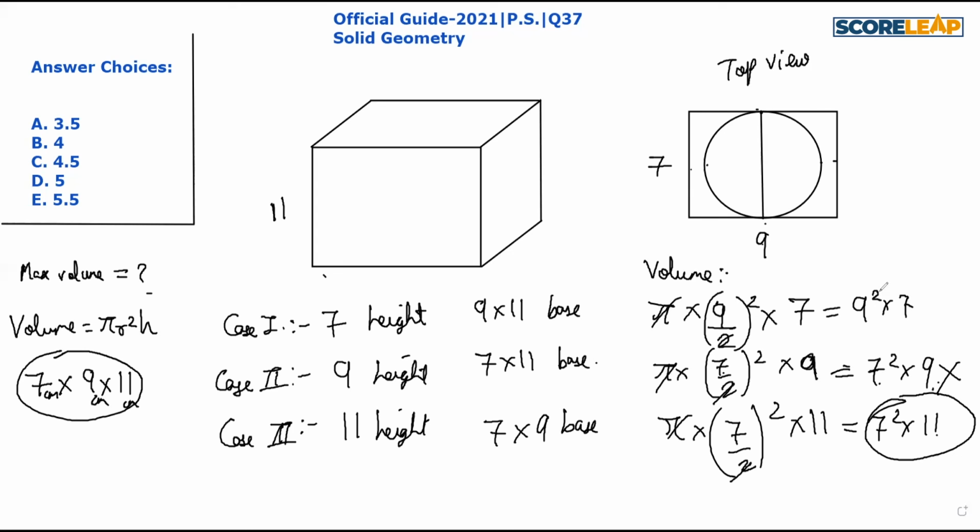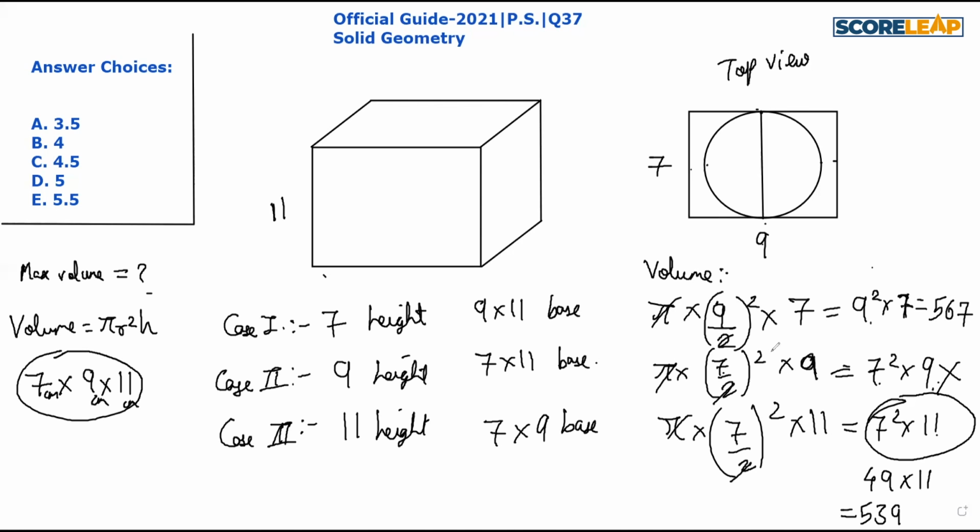Now we compare 9 square into 7 and 7 square into 11. 7 square is 49, and 49 into 11 is 539. Here 9 square is 81, and 81 into 7 is 567. So this one is greater.